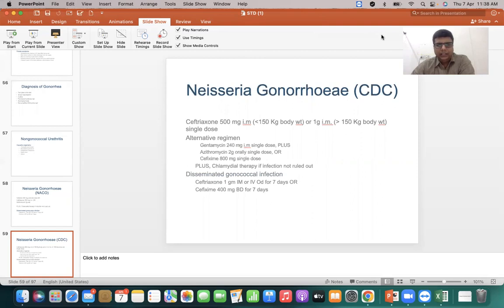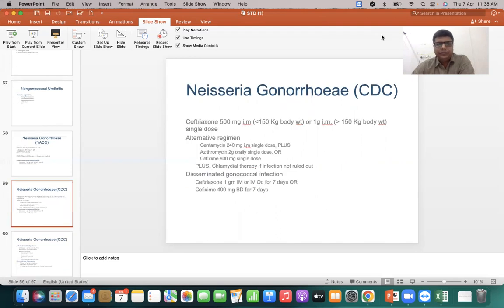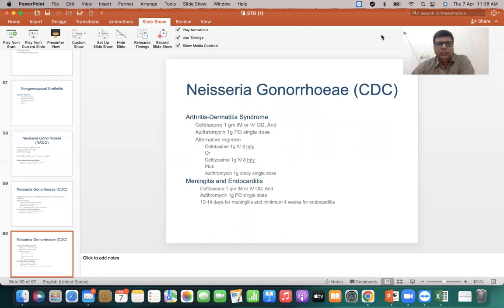This is the CDC treatment of Neisseria gonorrhoeae. In arthritis dermatitis syndrome, we give ceftriaxone 1 gram IV or IM and azithromycin 1 gram per oral single dose.